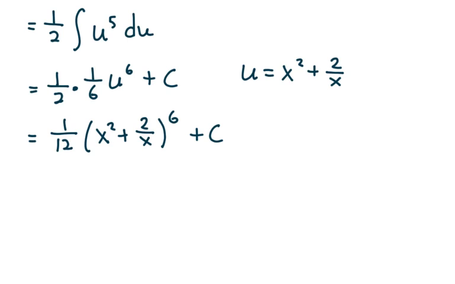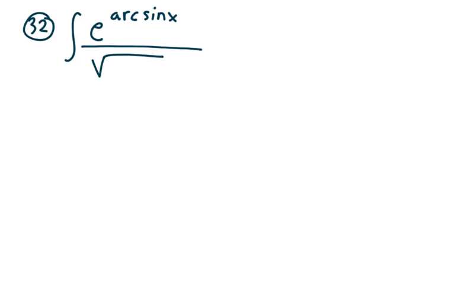If we take a look at problem 32, this is a great question too. So if I have the integral of e raised to the arc sine x divided by the square root of 1 minus x squared dx.